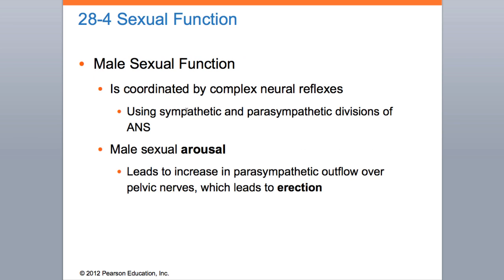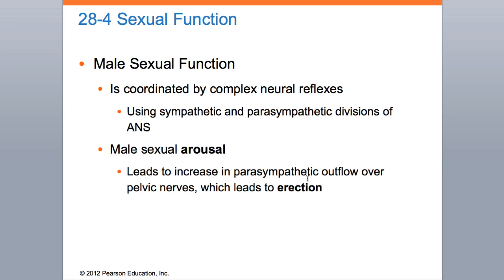Now, having said that, what kind of words do you see on this slide? So where am I in the chapter? I moved over to page 1068. What's mentioned here? Words like arousal, erection, sympathetic, parasympathetic. So it is what? It says leads to increased parasympathetic.